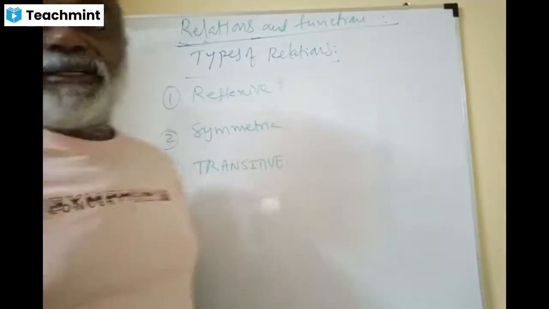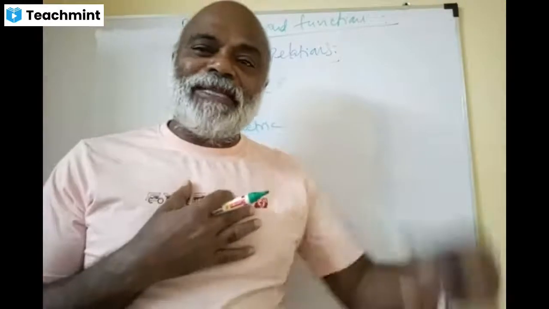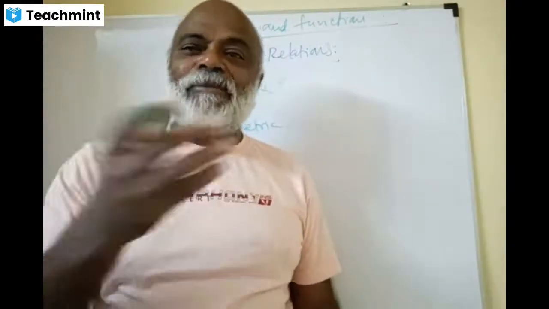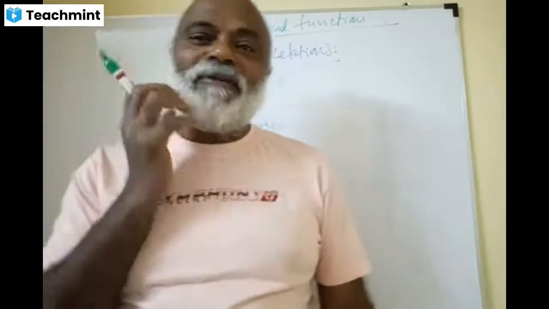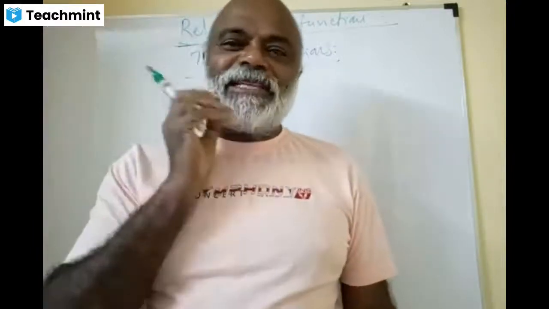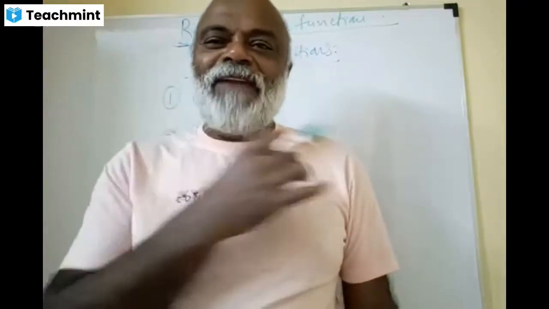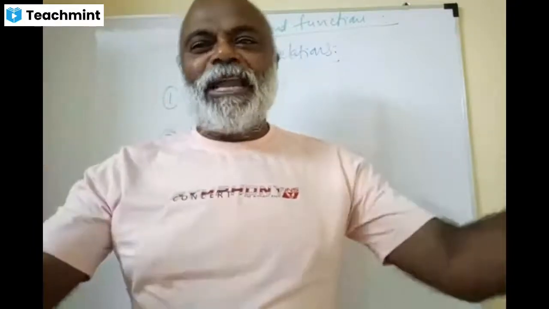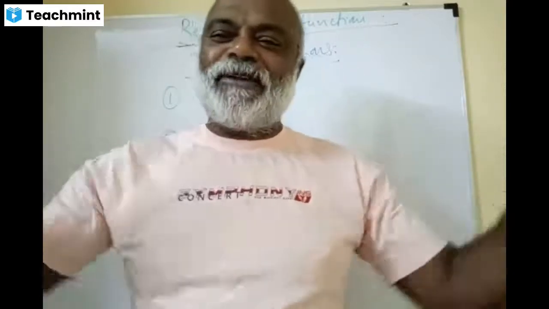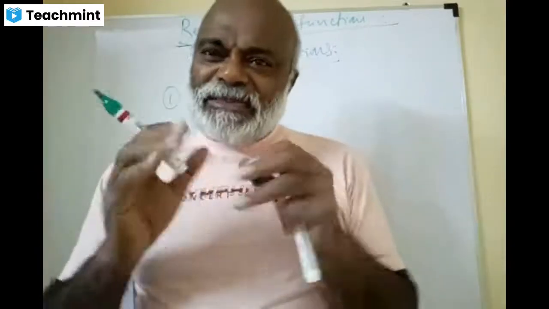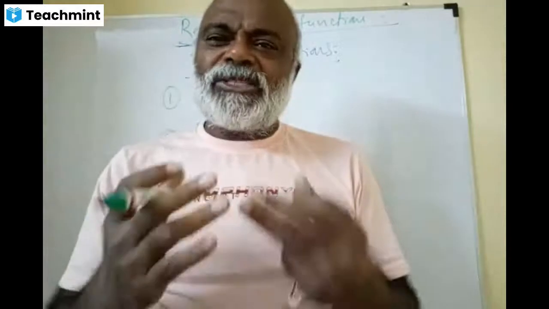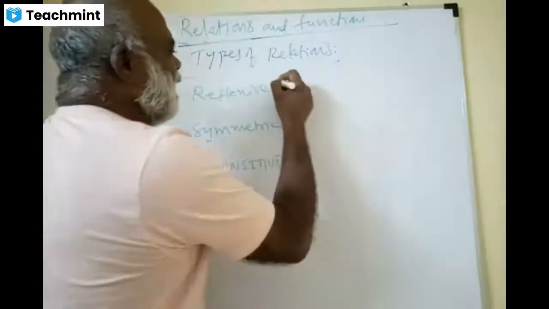Reflexive means what? See, my reflection will be there in the mirror. You will see the same, with the beard only, correct? If I am having a beard, you will see it with the beard. I am wearing a pink t-shirt, you will see only pink color unless some special effect is there. So it's a mirror image. So the reflexive relation means what?